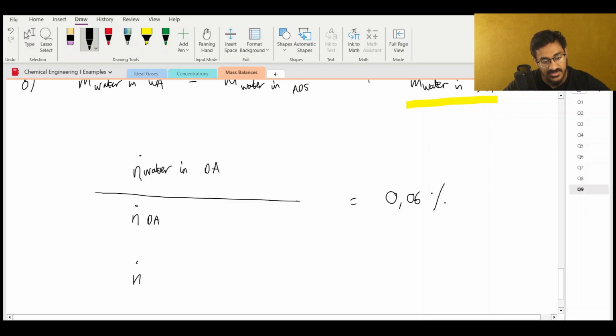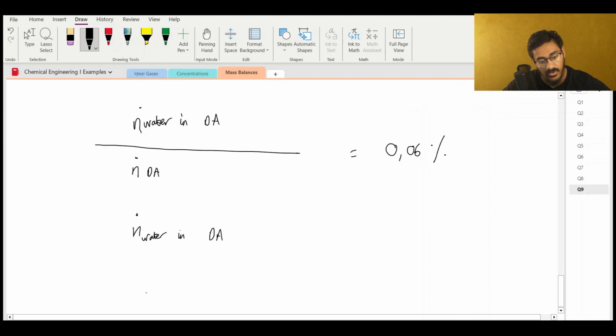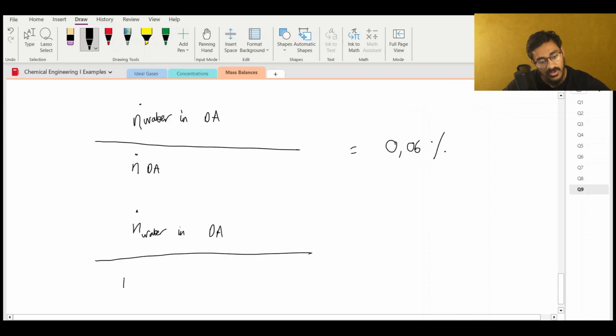So I can expand this a bit. This becomes the number of moles of water in the dry air stream all over the number of moles of air in the dry air stream plus the number of moles of water in the dry air stream. Because you agree, the dry air stream is made up of water and air, and that is still equal to 0.06 mole percent.